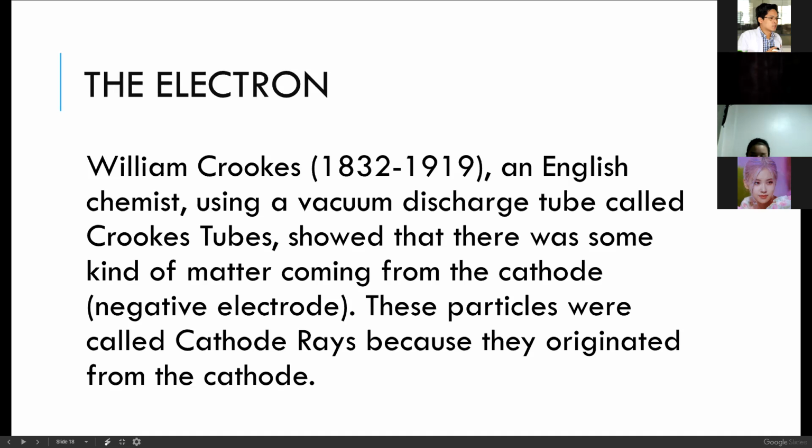CRT. Are you familiar with CRT? Because they originated from a cathode. Are you familiar with CRT? No, teacher. Who among you here have observed before bigger monitors or has bigger monitors at home before?